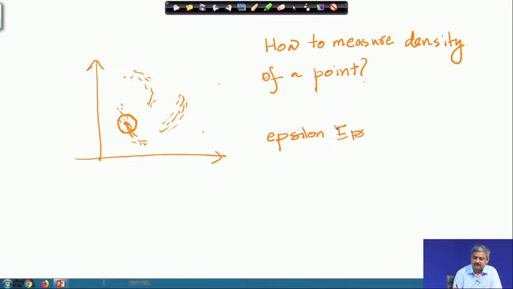Usually we take epsilon to be small. In 2 dimensions it is a circle, in 3 dimensions it will be a sphere, and in general in d dimensions it will be a ball. That terminology is called a ball.